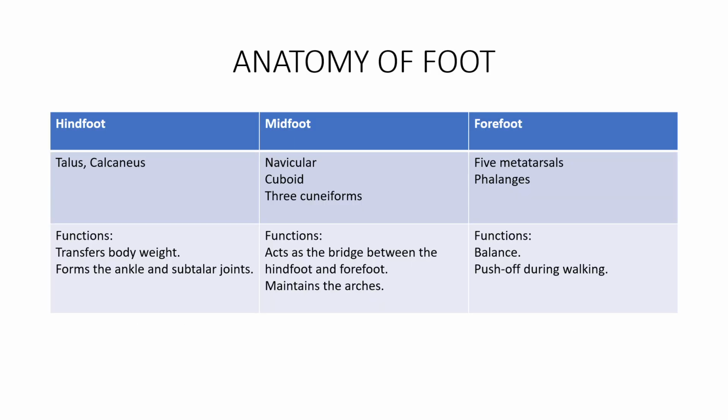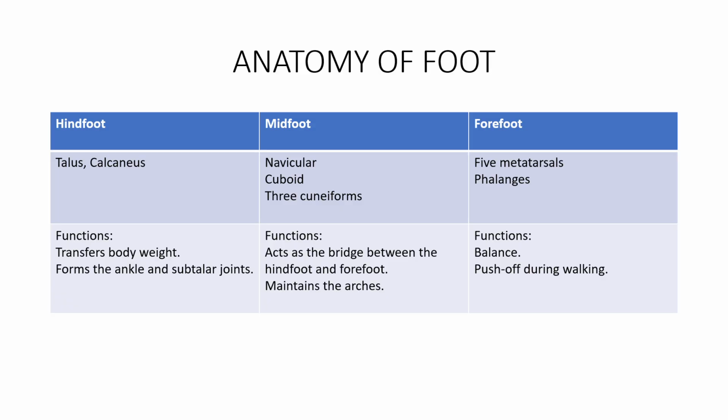The foot is divided into three main parts: hindfoot, midfoot, and forefoot. The hindfoot has two bones, talus and calcaneus, and functions to transfer body weight and forms the ankle and subtalar joints.